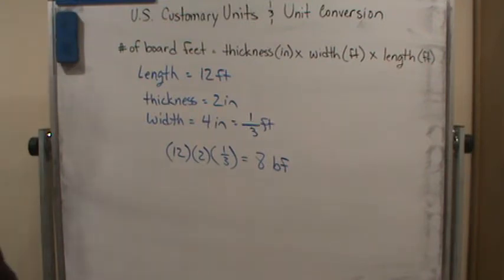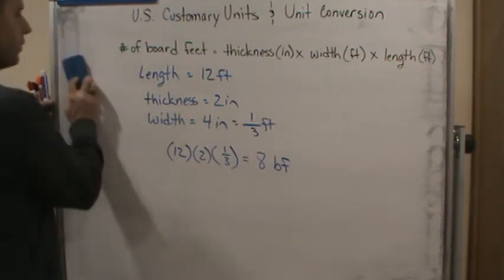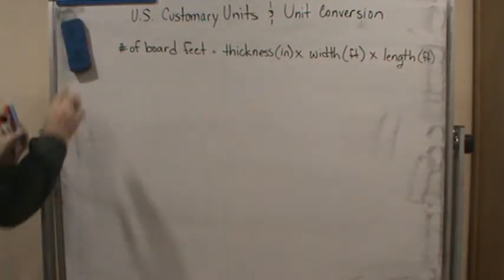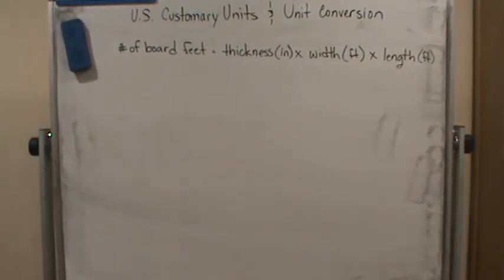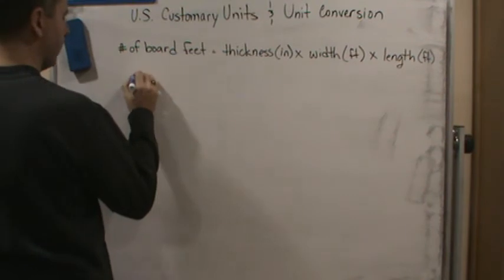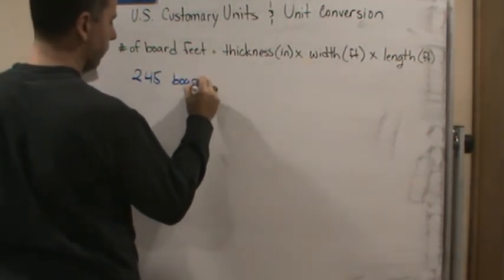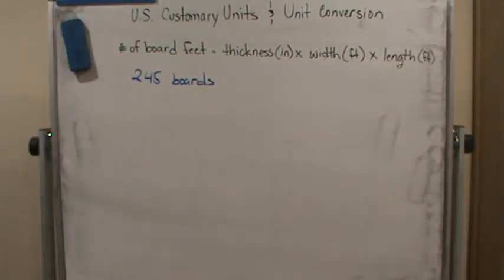Okay, so now let's look at this example. In this example, we need how many boards? We need 245 boards, right? So we need 245 boards. And what else do they give us?